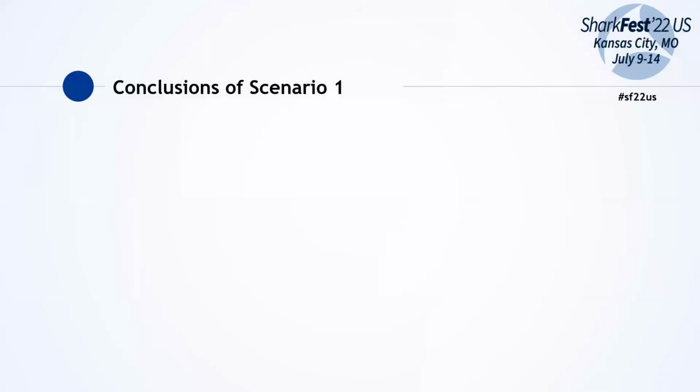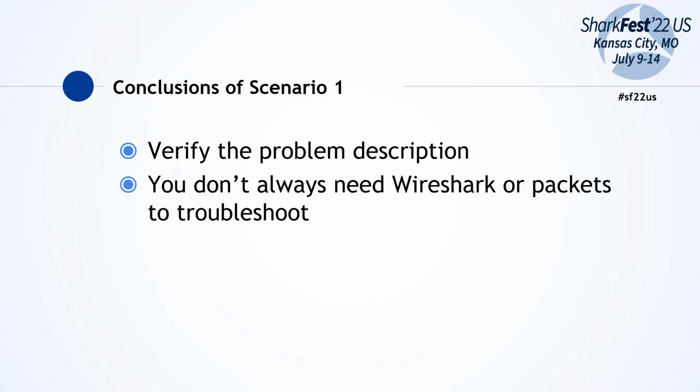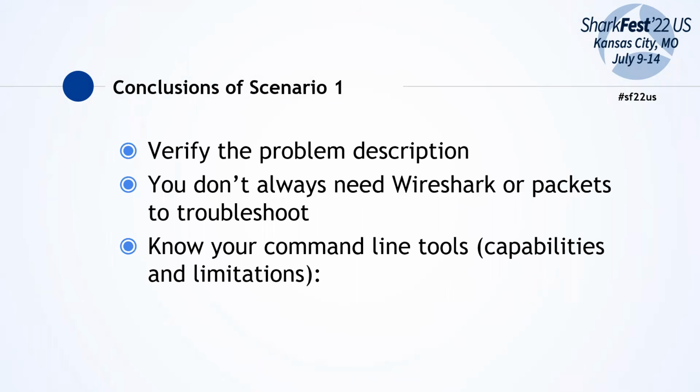So the conclusions are: verify the problem description, because they sometimes tell you things that are not true. You don't always need Wireshark or packets to troubleshoot, because you can use other means at first. Know your command line tools, the capabilities and limitations, of course. A ping, and that is the common thing to say in this situation.